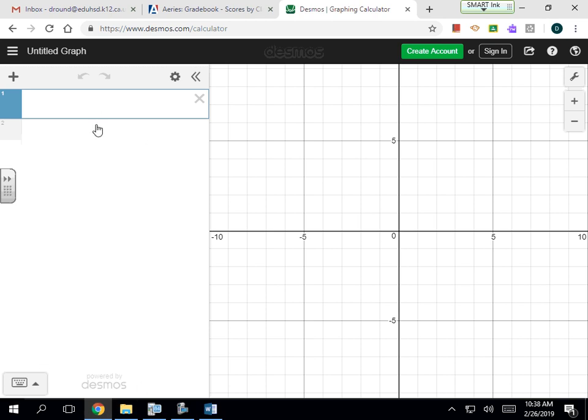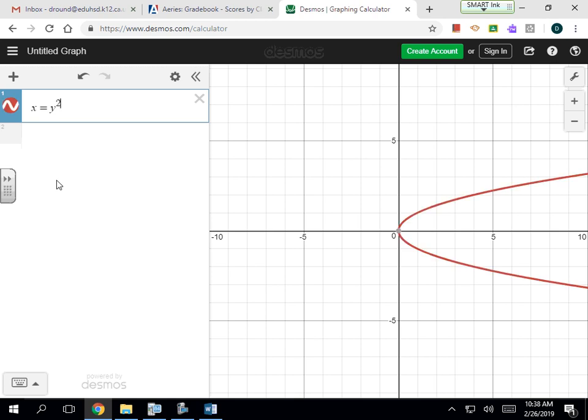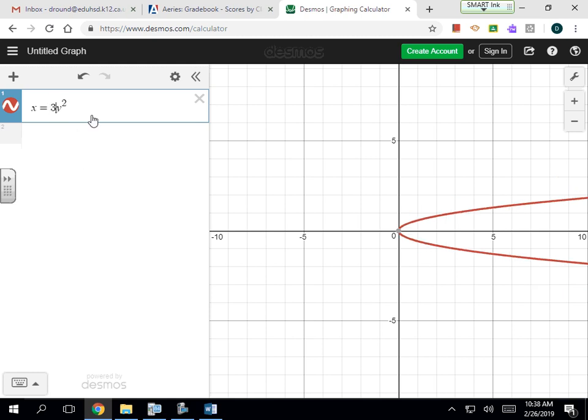So type in x, and it's just drawing the line y equals x right now, but x equals, and we're going to type in y to the second power, and you can hit shift and then the number 6, it's the little power button, and then square. There's probably other ways to do it, but there it is, x equals y squared. I can put a 3 out front here. So x equals 3y squared.